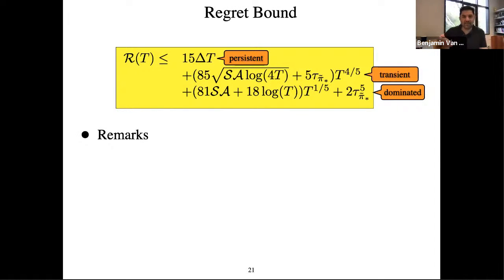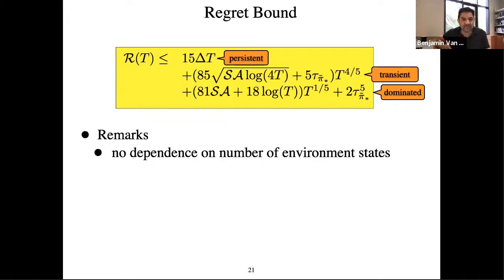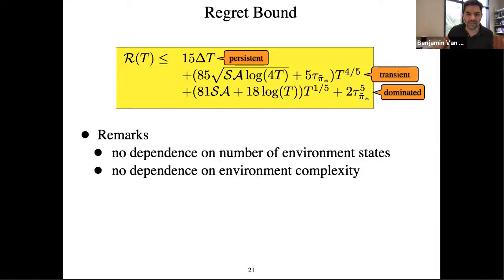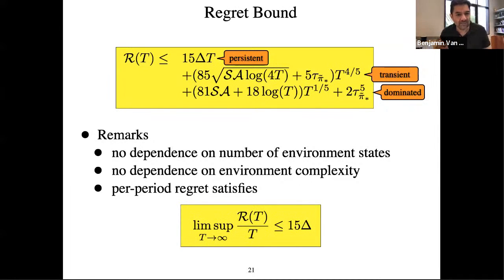All right, a few remarks that make this regret bound interesting to me. One is there's no dependence on the number of environment states. There's no dependence on how complex the environment is, or on the environment dynamics, the complexity of that. Also, the per period regret satisfies this quantity, which is kind of interesting.